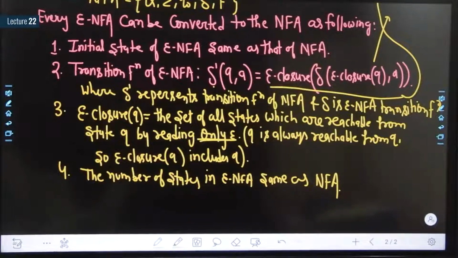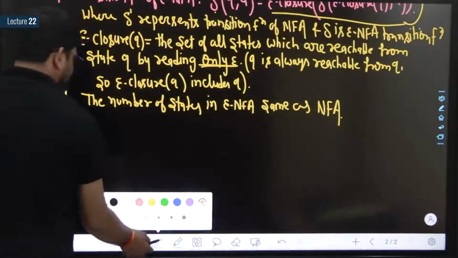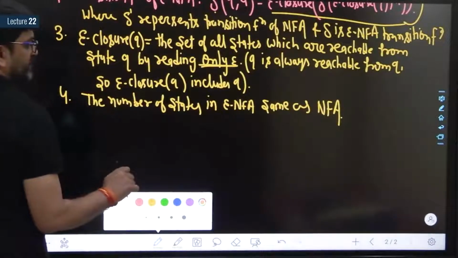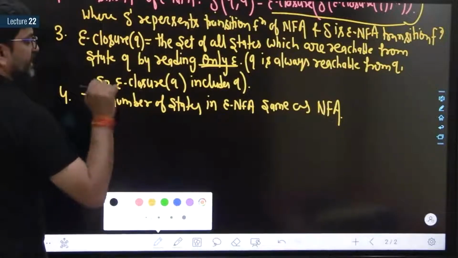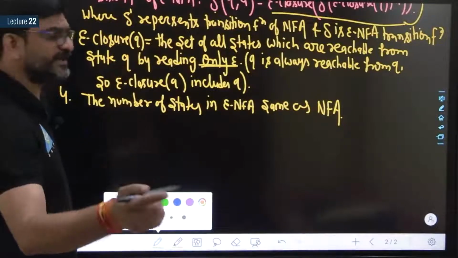Next, what are the final states in NFA when we convert Epsilon-NFA to NFA?